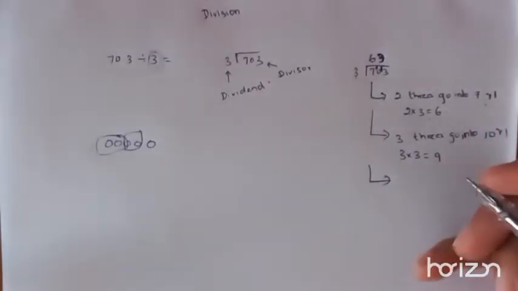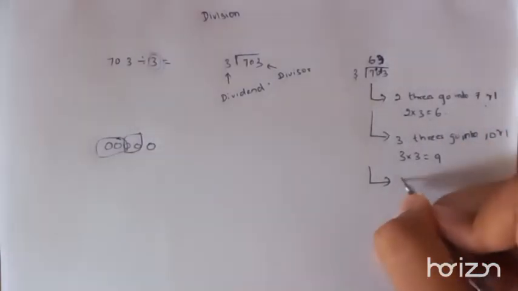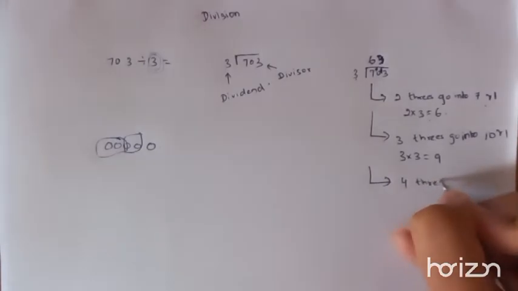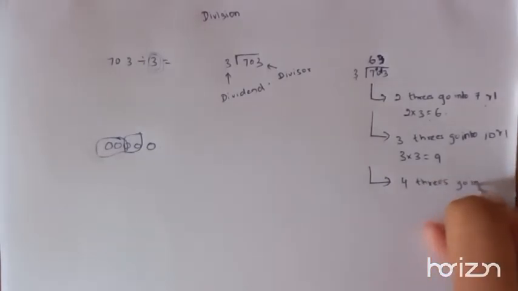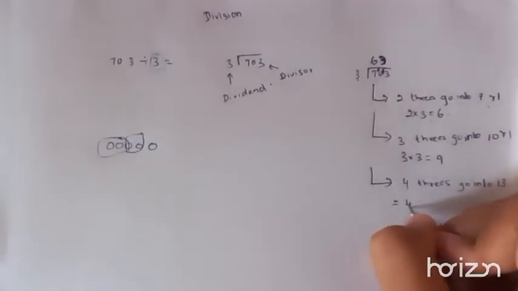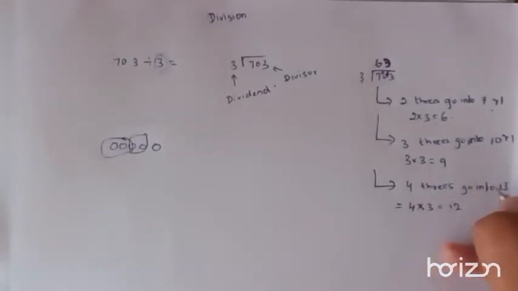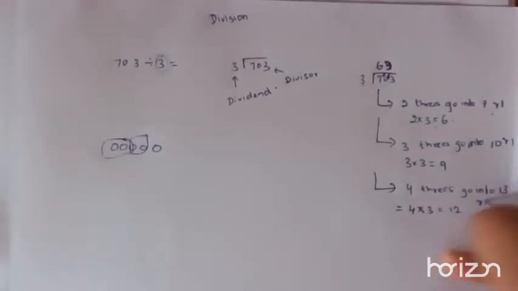So we're going to see how many 3's go into 13, and we realize that 4 3's go into 13. So 4 times 3 is 12, but we have 13 here. That means we would have one remainder.